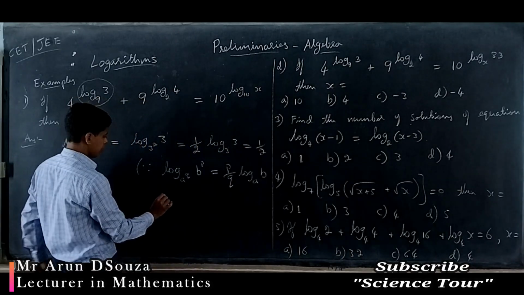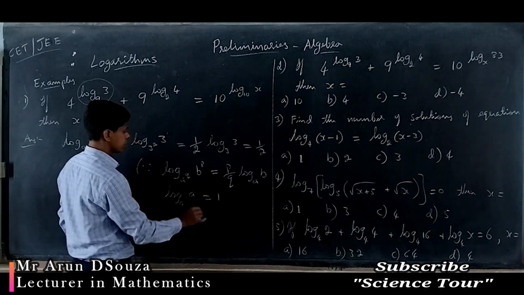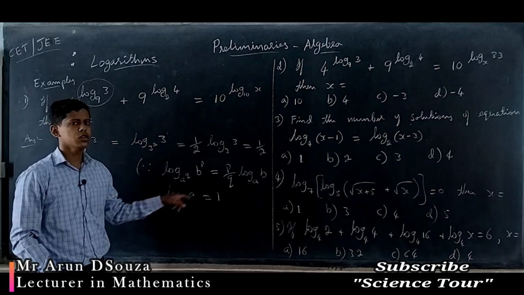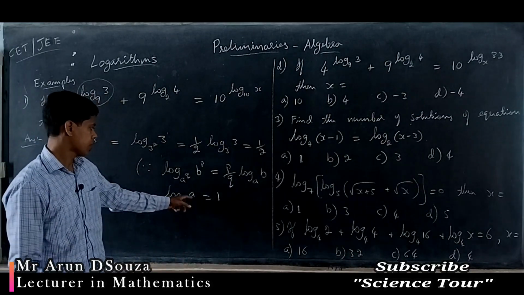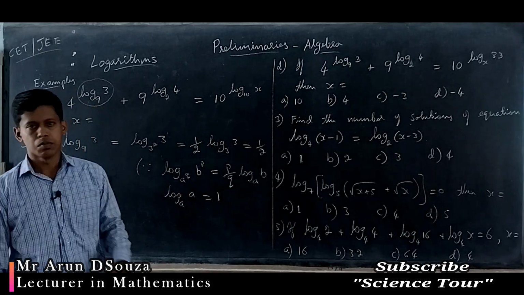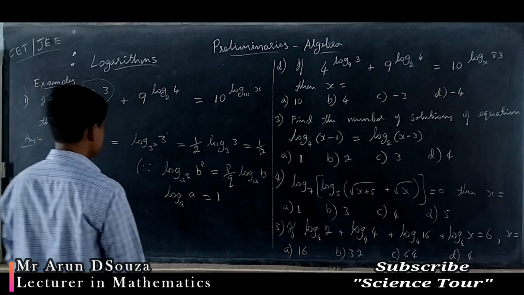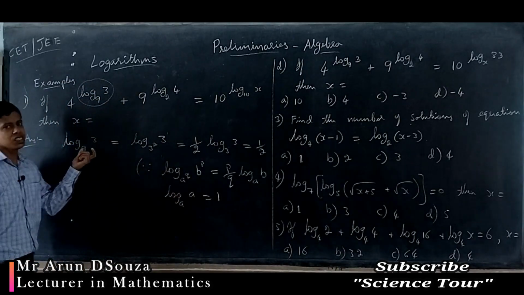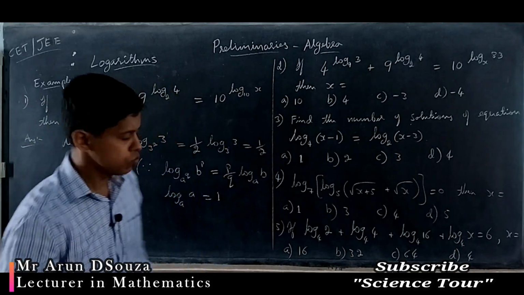The formula is log a to the base a is 1. That a can be anything, log e to the base e, log 10 to the base 10, whatever, as long as you have the same numbers, it will always be 1. So using these two properties we got log 3 to the base 9 is equal to half. Let us continue.